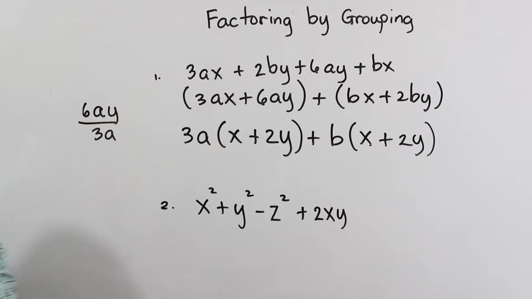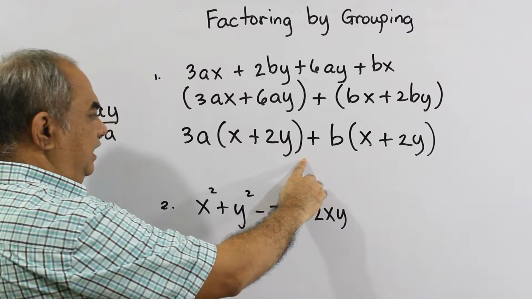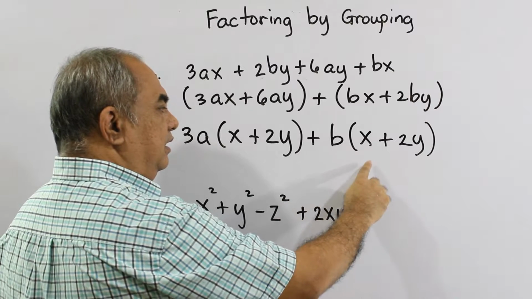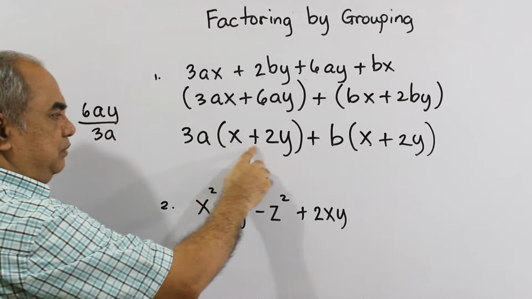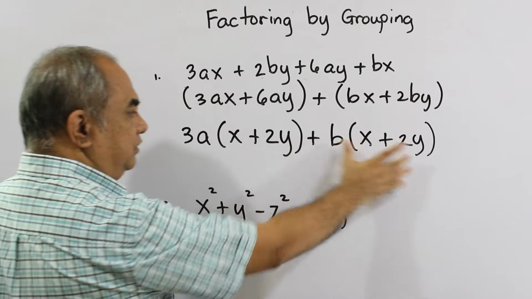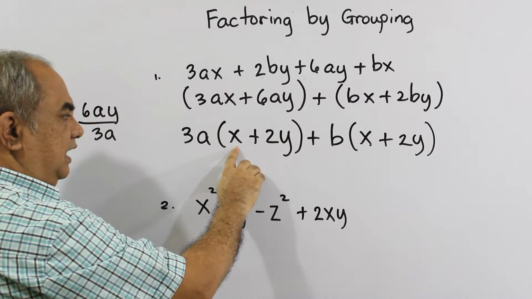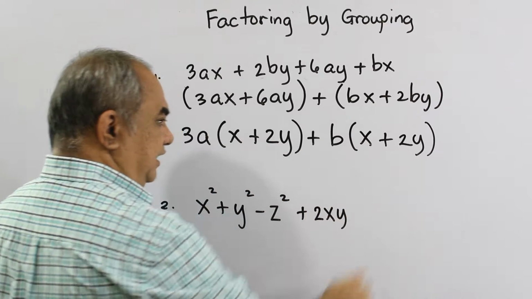Now you will notice finally that we have a term like this, 3a, then quantity x plus 2y, and plus b, quantity x plus 2y. You will notice that this x plus 2y is common to both terms. For these two terms, the common factor is x plus 2y because each term contains x plus 2y as a factor.